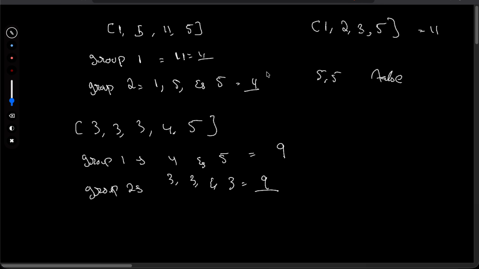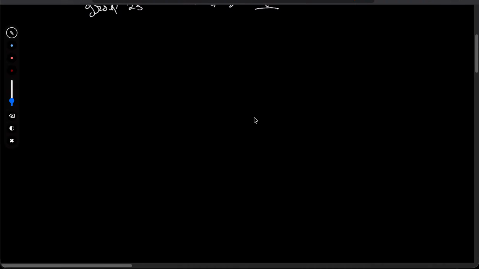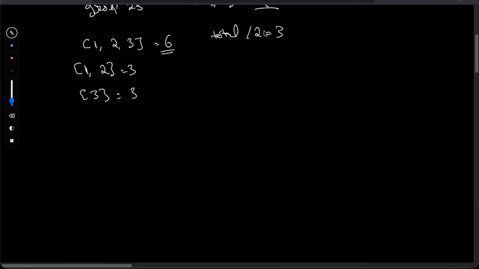Okay, so let's try one. We have an array like this: 1, 2, 3. Can we split the array into two subsets with equal sum? The total sum of this array is 6, so the target is total divided by 2, which is 3.